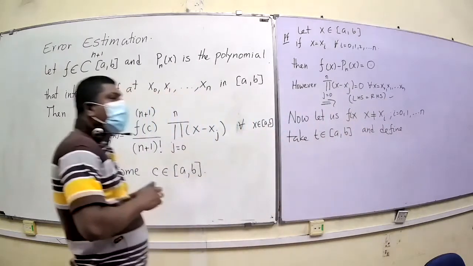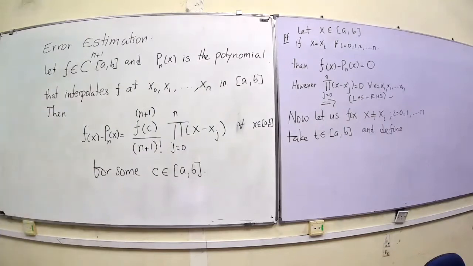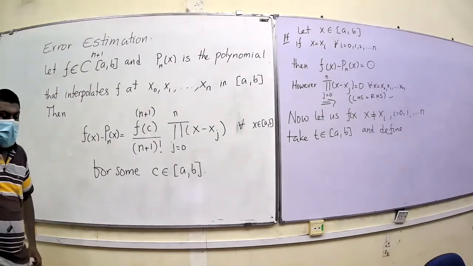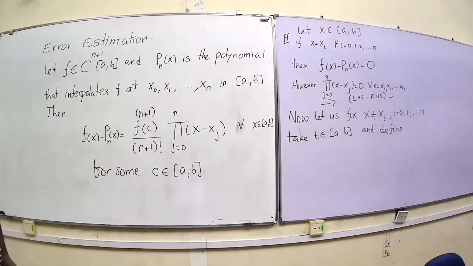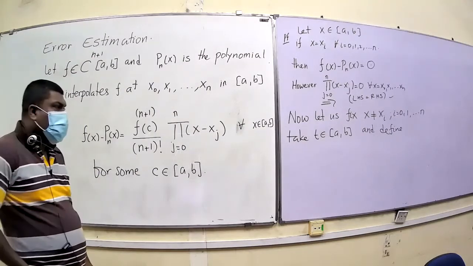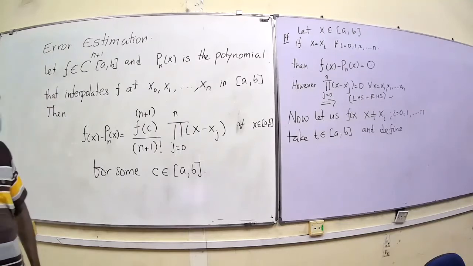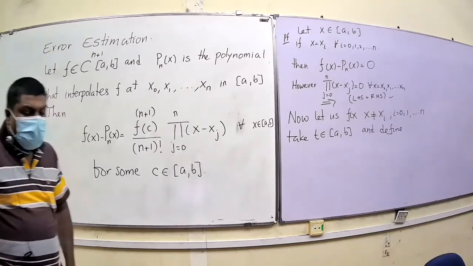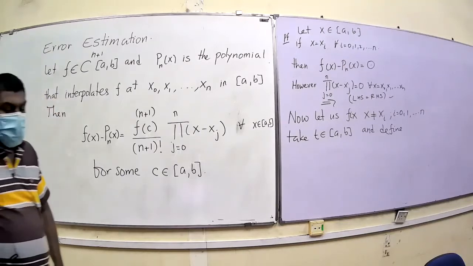Now for some arbitrary t belonging to [a, b]. Remember, you have fixed x as a fixed number, not equal to any xi.